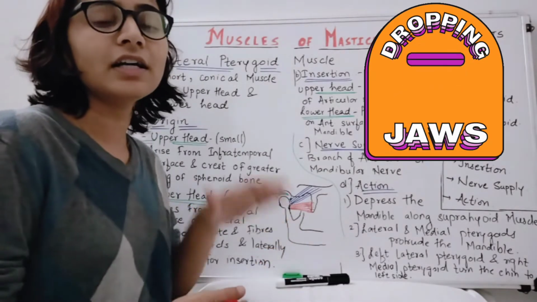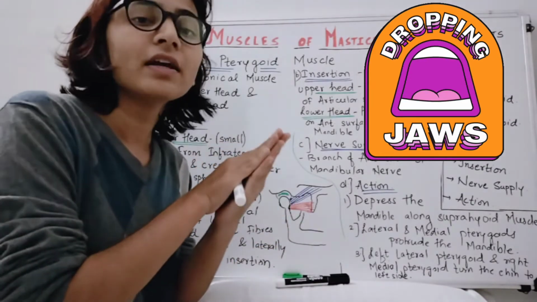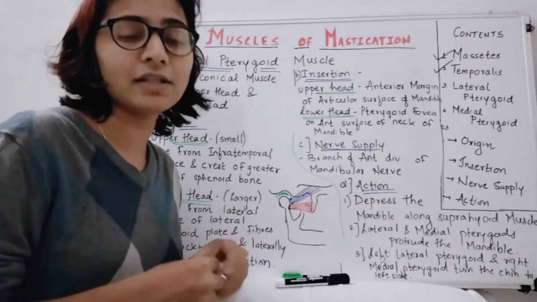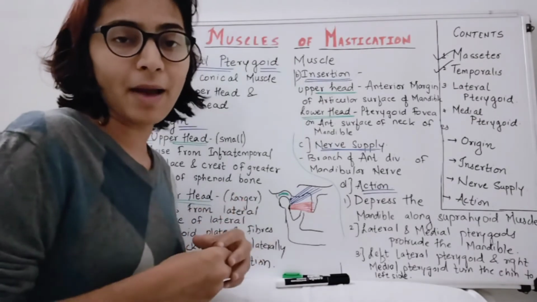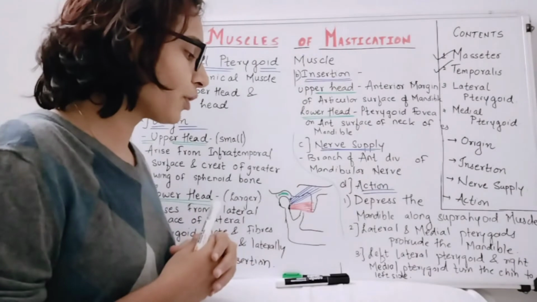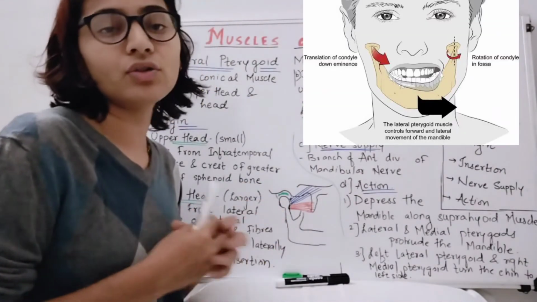It helps in the depression of the mandible, that is it moves the mandible in the downward direction. And one more muscle which depresses the mandible is suprahyoid muscle. Lateral and medial pterygoid protrude the mandible, that is they move the mandible in forward direction. Next point is left lateral pterygoid and right medial pterygoid turn the chin to the left side.